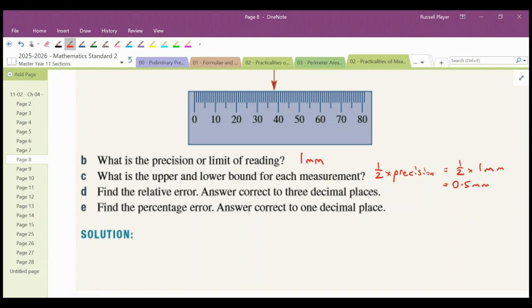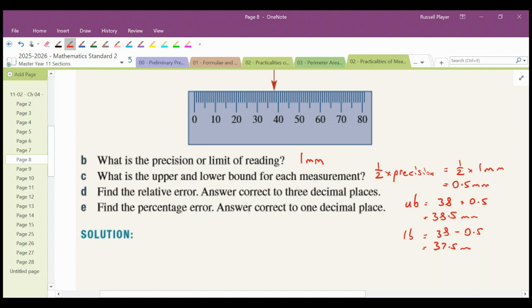And that's fine. We're allowed to do that. So the upper bound, I'll just go UB, is our measurement, which is 38, plus that absolute error, which gives us 38.5. And our lower bound is 38 minus 0.5, which gives us 37.5 millimeters. So that's our upper and lower bounds.